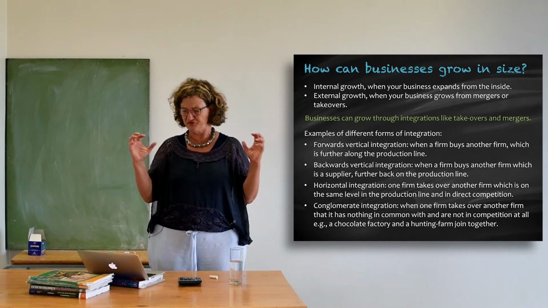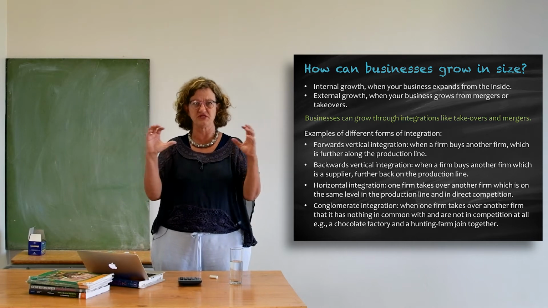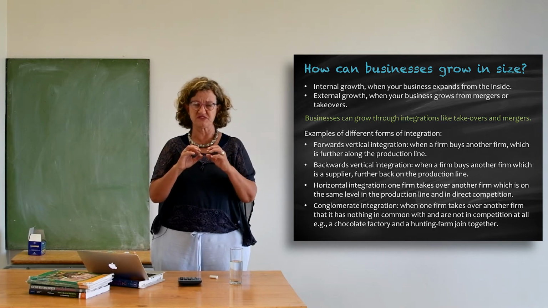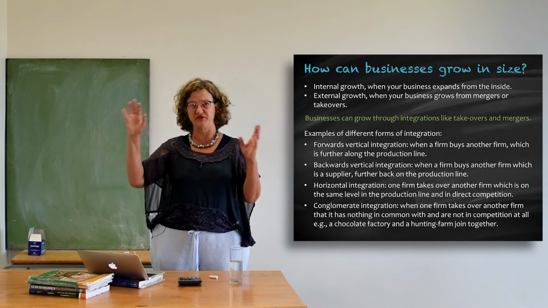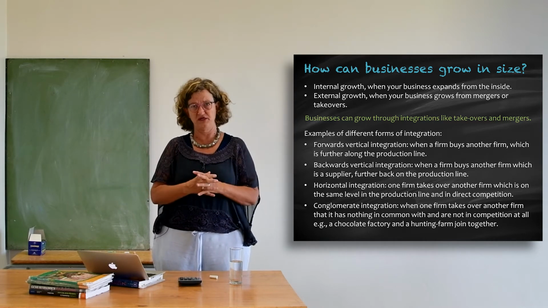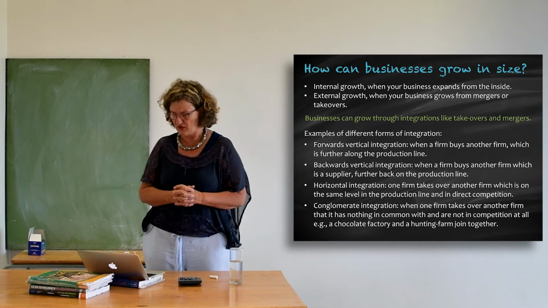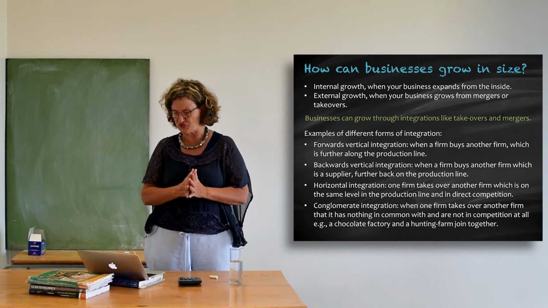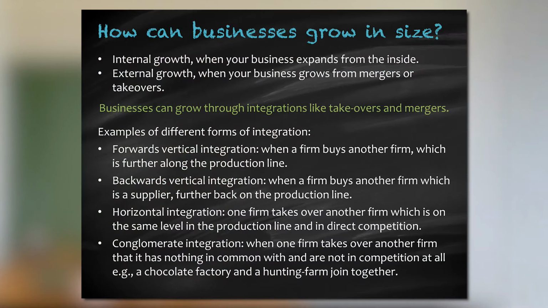Now, in both these forms of integration, it is at least two businesses that come together. It can be 3 or 4, and then they form one new business. Now, if we look at integration, there are different examples of integration. There is vertical integration, which we will explain to you: forward vertical integration and backwards vertical integration.